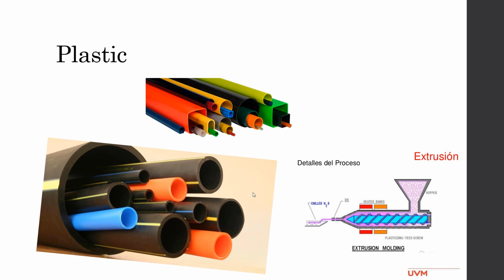This type of extrusion is extrusion molding, because you can work with molds. If you see in the image, first the plastic is put in the hopper, then the plastic passes through the screw, and the screw with the heater bands start to melt the plastic, and the plastic passes through the die with the shape.